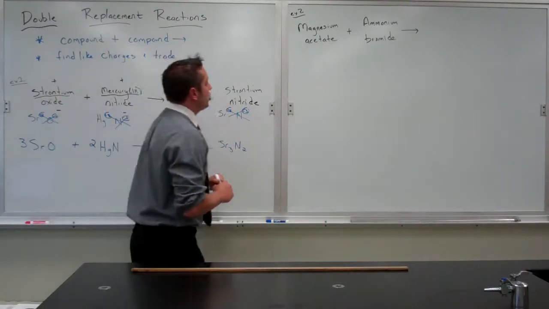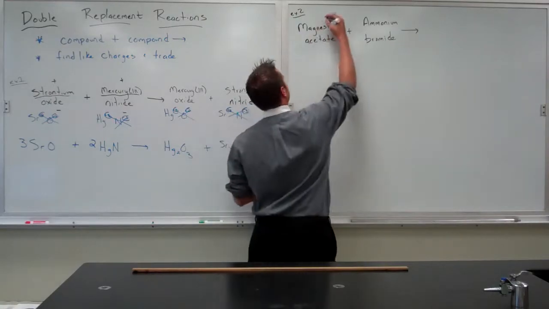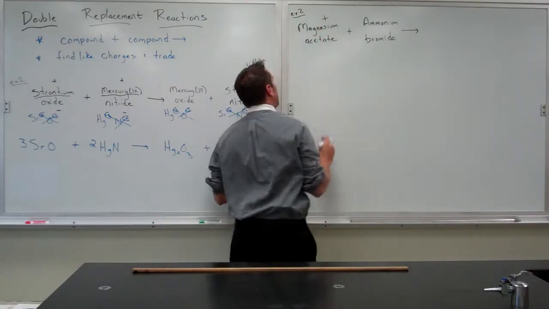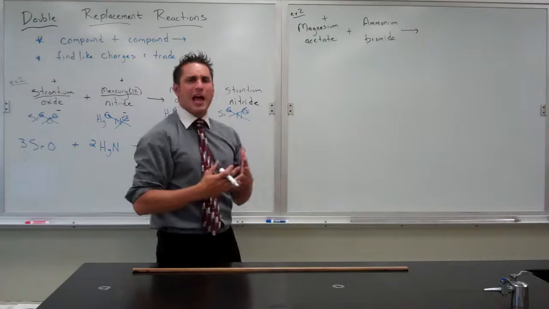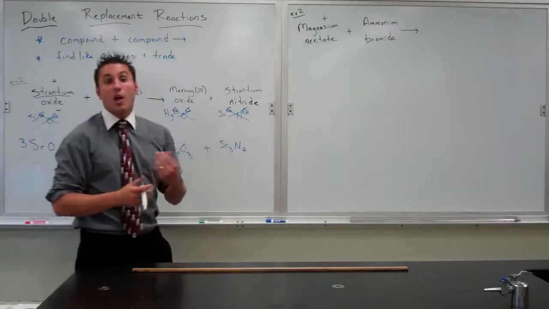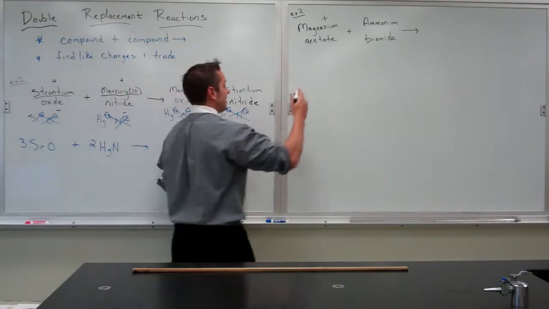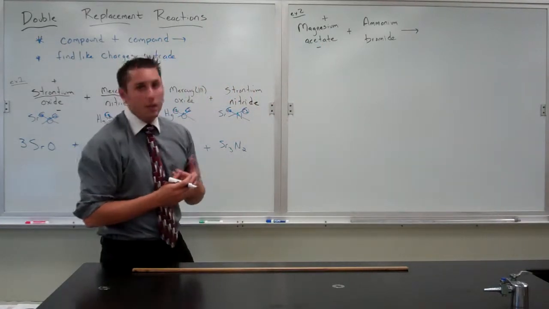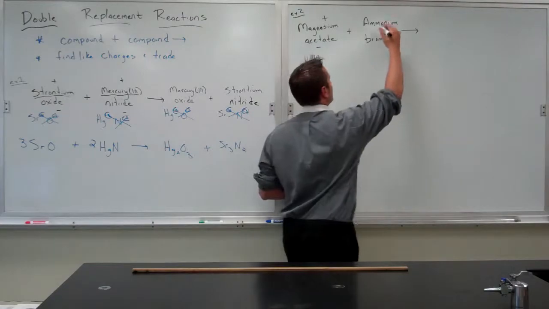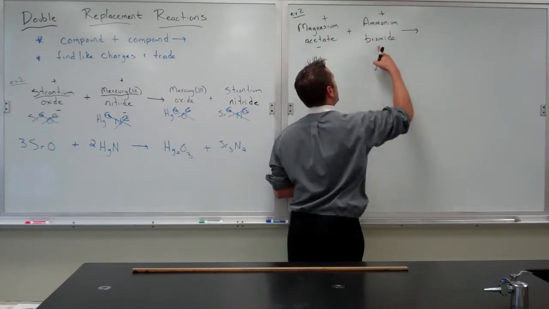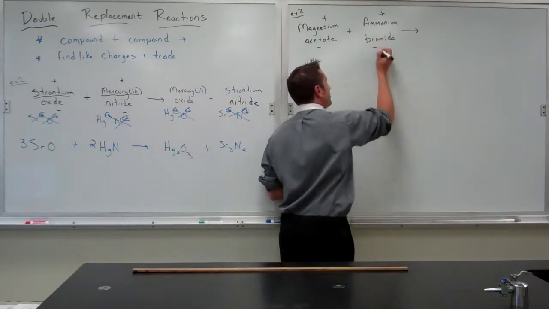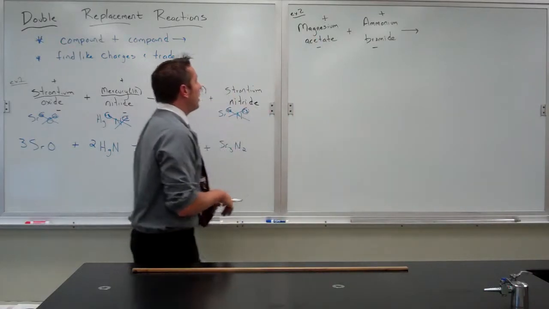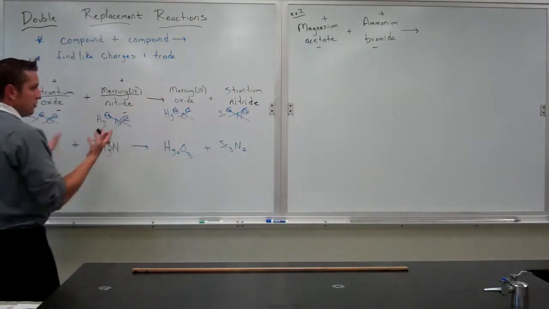Now we identify charge. Magnesium is to the left of the staircase, so it's a plus. Acetate's a polyion, so how do we know its charge? Well, we had to memorize it. Acetate's charge is a minus 1. Ammonium is also a polyion. It's a plus 1, so here's a plus. And bromide is group 17. It's a minus. So here I traded positives arbitrarily.